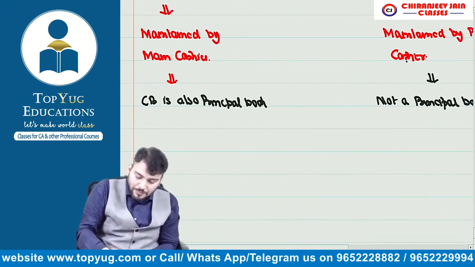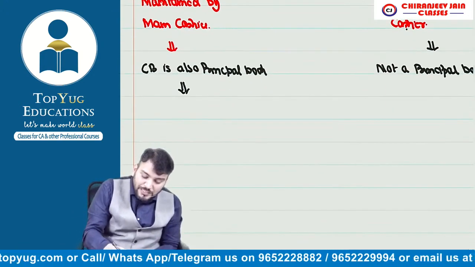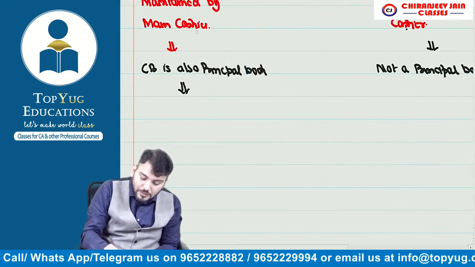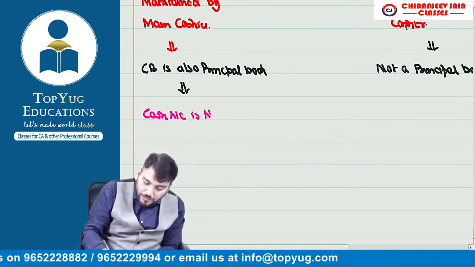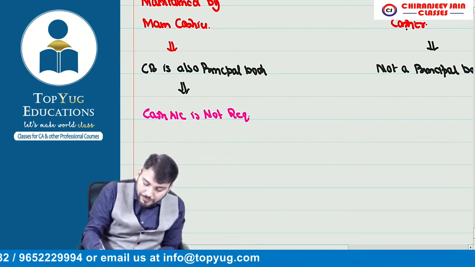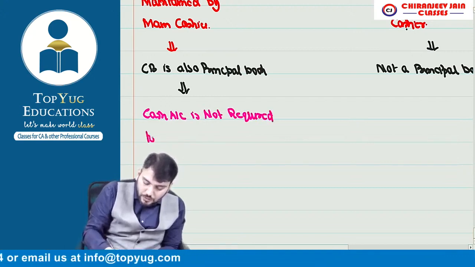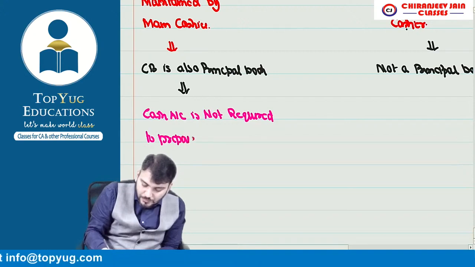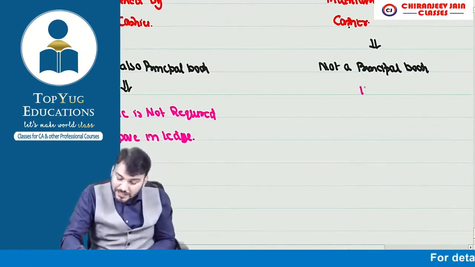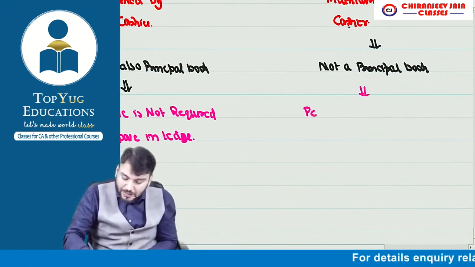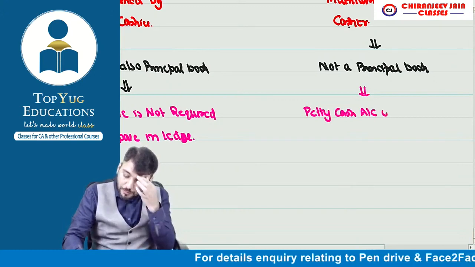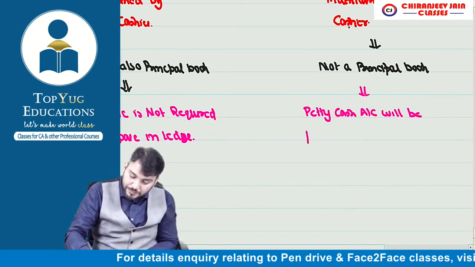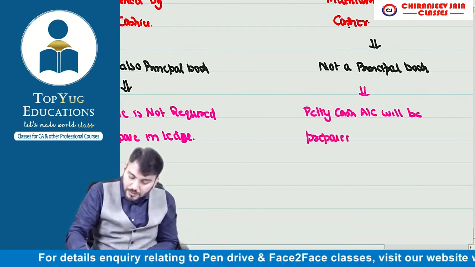Correct? This means if the cash book is a principal book, a cash account is not required to be prepared in the ledger. But because the petty cash book is not a principal book, can I say the petty cash account will be prepared in the ledger?